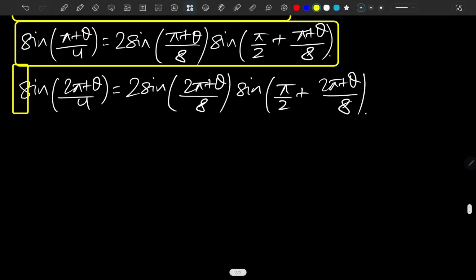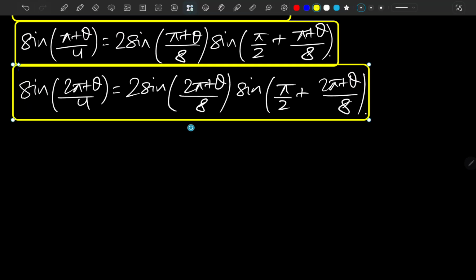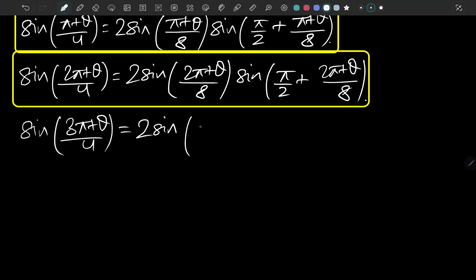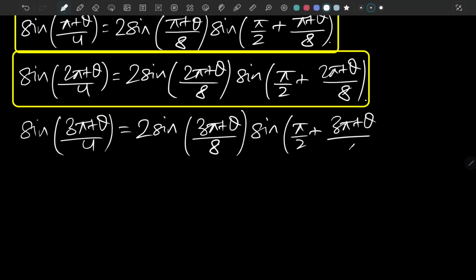Finally, let me cover it in a yellow box. We have sine of (3π + θ)/4, which can also be written as 2 sine of (3π + θ)/8 and sine of π/2 + (3π + θ)/8.